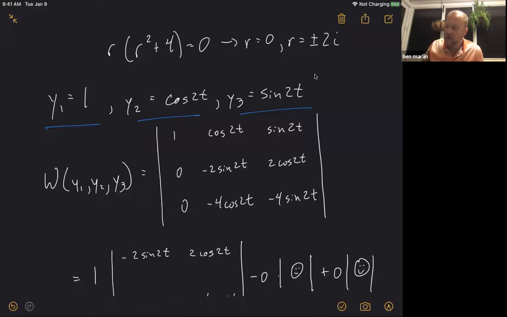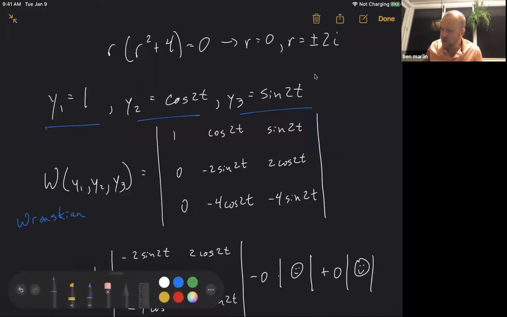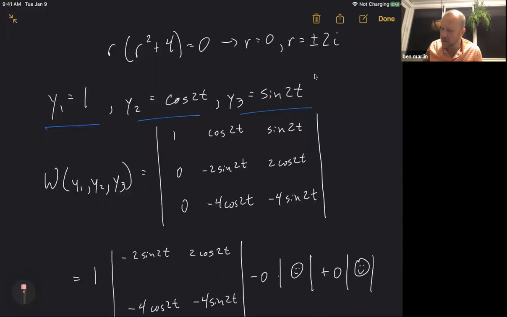All right? So the way that we check this is with something that we call the Wronskian, okay? And we invariably abbreviate the Wronskian with a W and then the solutions that we're checking there.